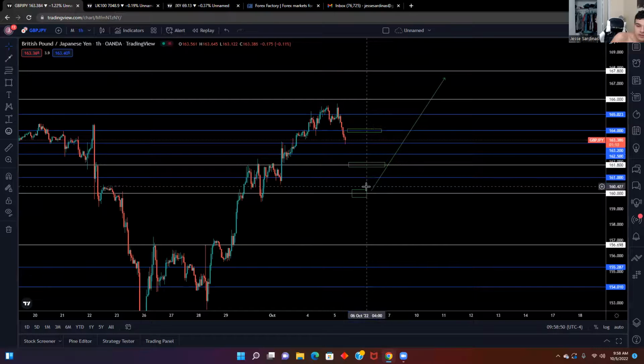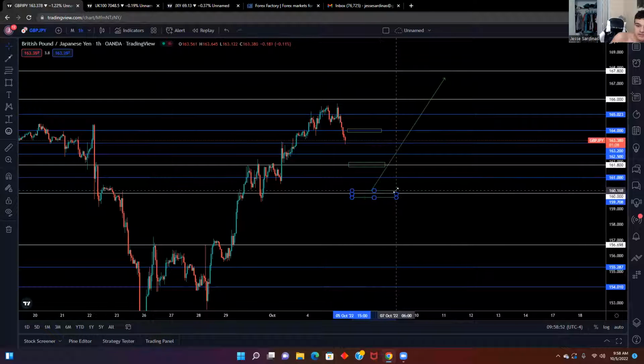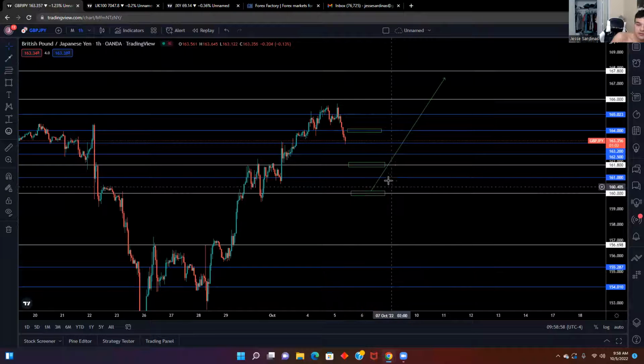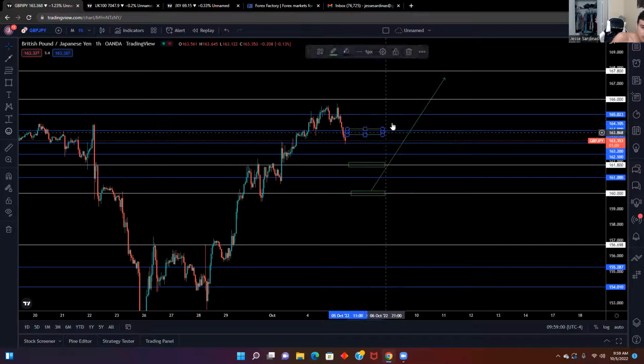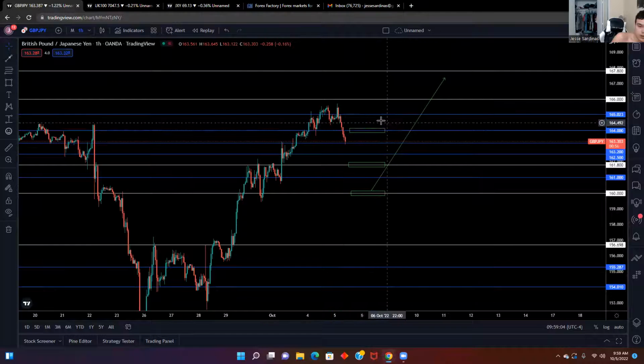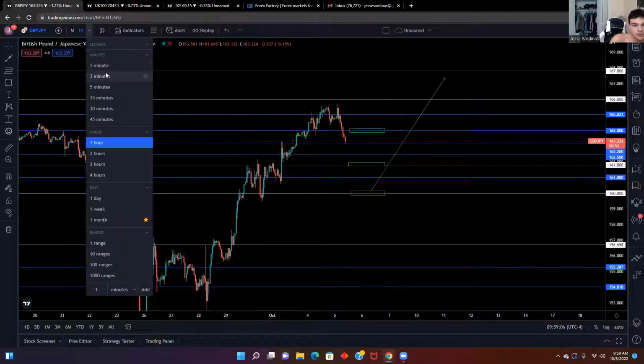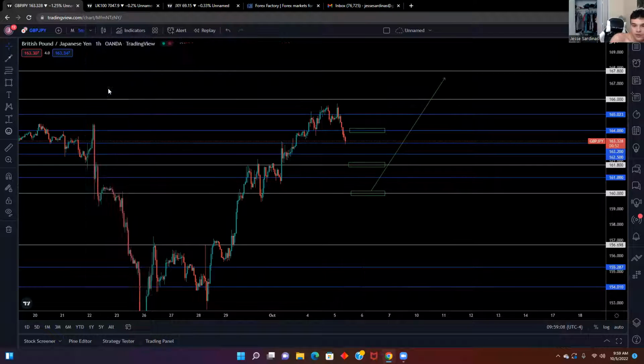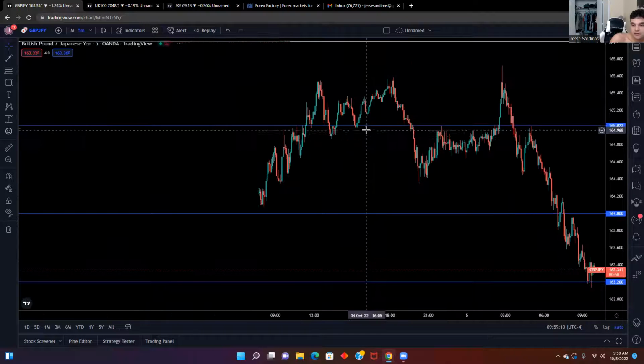I would say this 160 flat area here would be more of an intraday, like I said. So you'd have to be very patient, wait for the right price action, wait for the closures that you're waiting for, and definitely watch the lower time frame for confirms of price action.